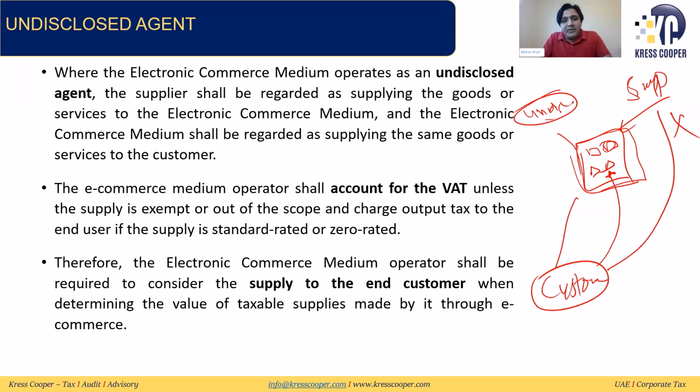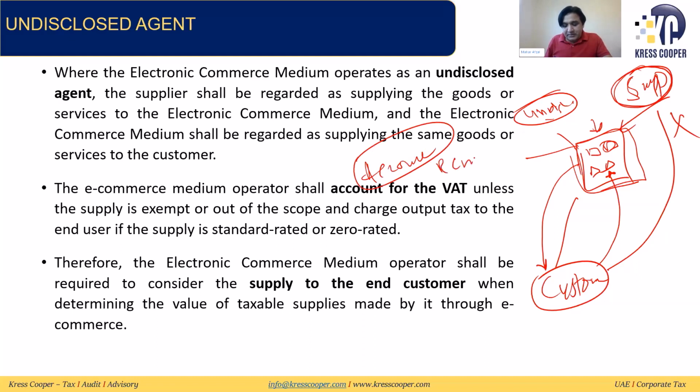In the case of an undisclosed agent, it will be assumed that the goods are supplied by the supplier to the platform operator, and the platform operator is supplying the goods to the customer. When the supplier supplies these goods to the platform operator, the public clarification says the platform operator accounts for the VAT. I believe it will be subject to RCM, because they are using the words accounts for the VAT.